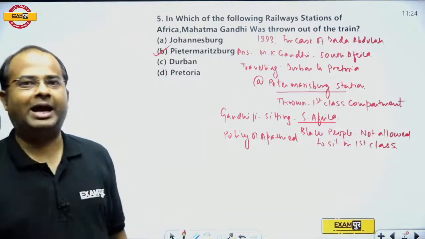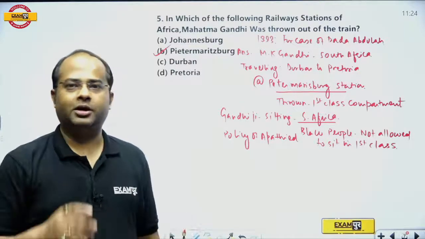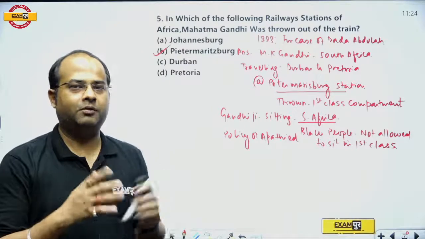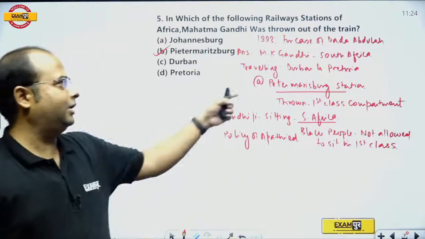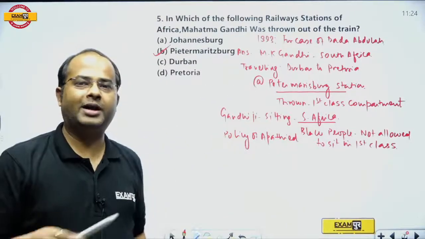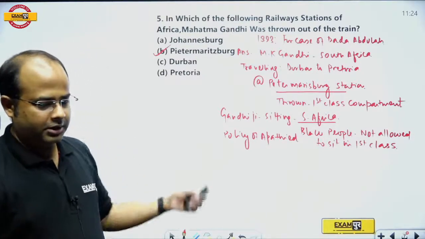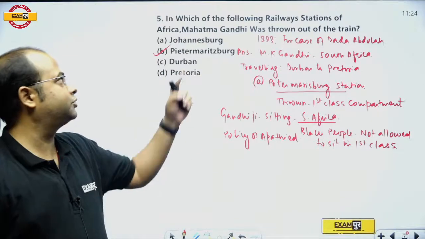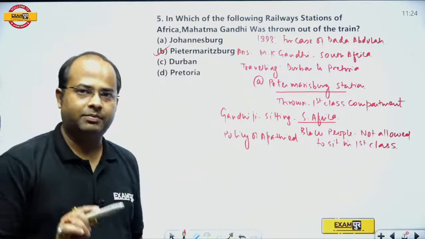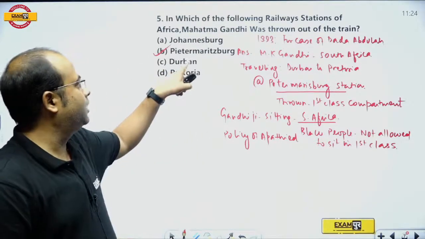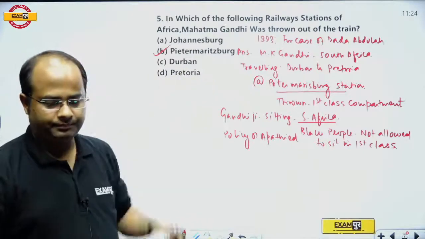So he said that okay, as you wish. So he thrown him on the Pietermaritzburg station from the first class compartment. So while he was traveling from Durban to Pretoria, he was thrown from the station at Pietermaritzburg. Therefore, correct answer will be guys option B, that is Pietermaritzburg station, while he was traveling from Durban to Pretoria.